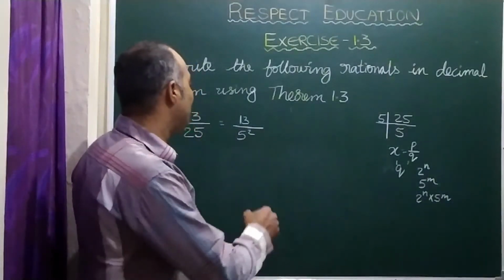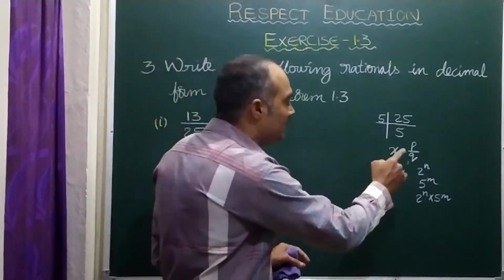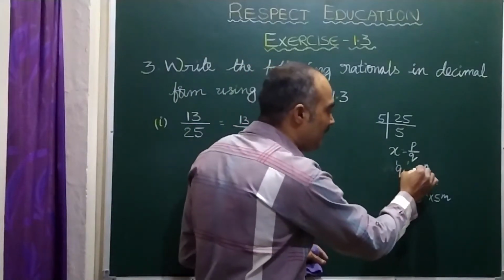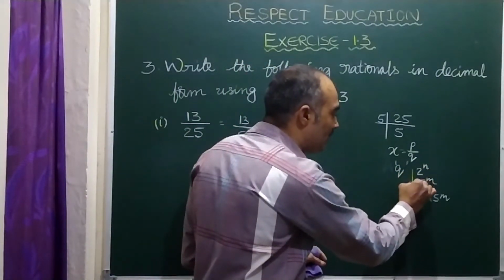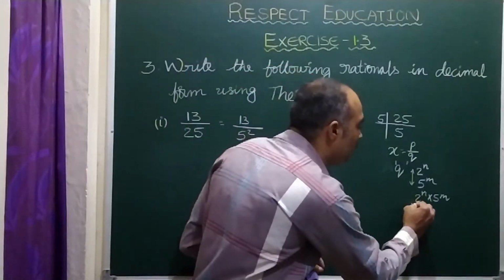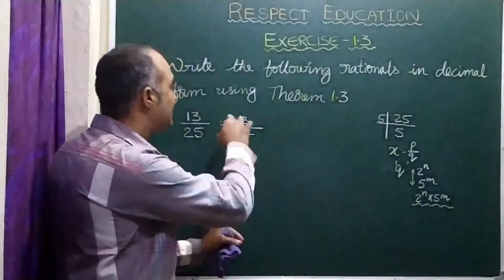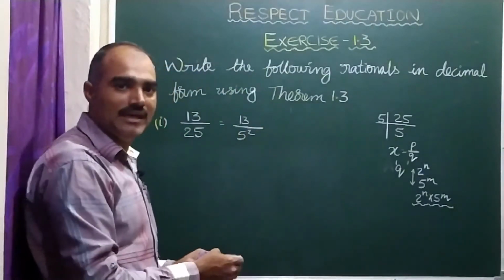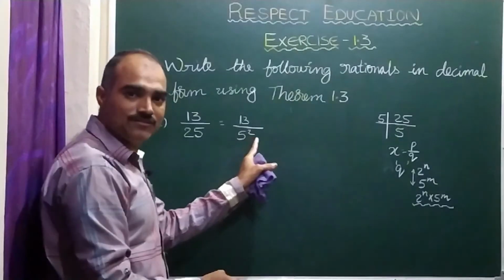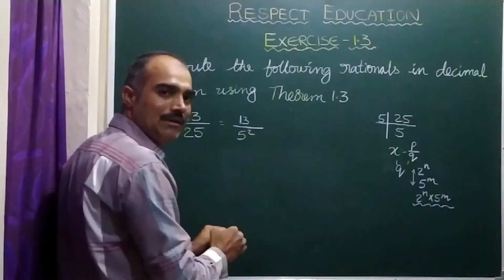Here you observe, children, this is 5 square, right? Whenever 2 and 5 come individually, our prime duty is to make a combination of 2 and 5, so that this can be solved very easily. Here it is 5 square, so 5 is there 2 times.